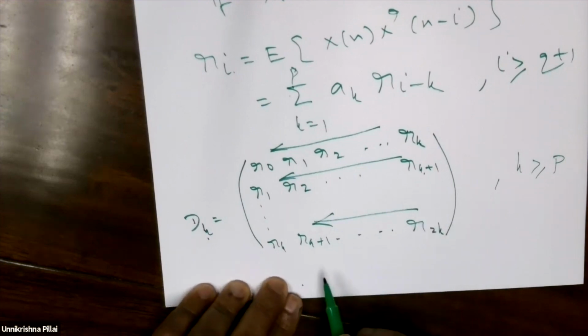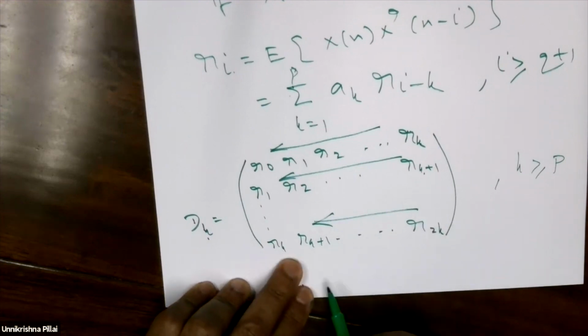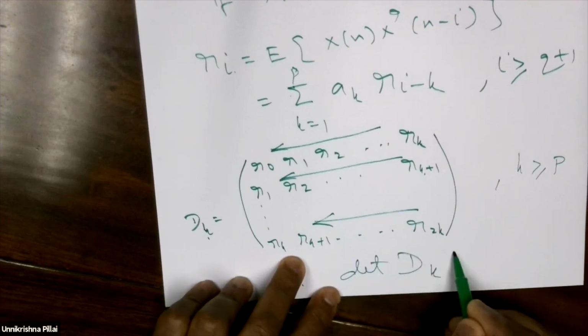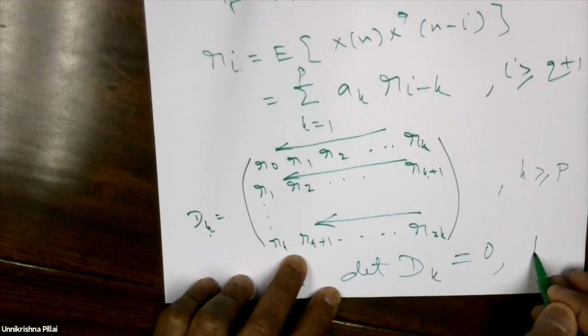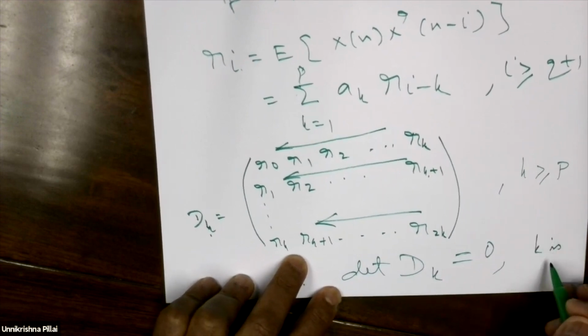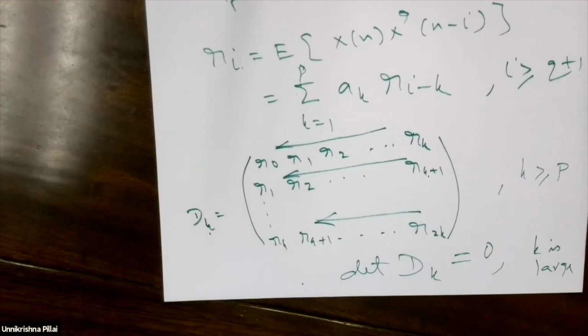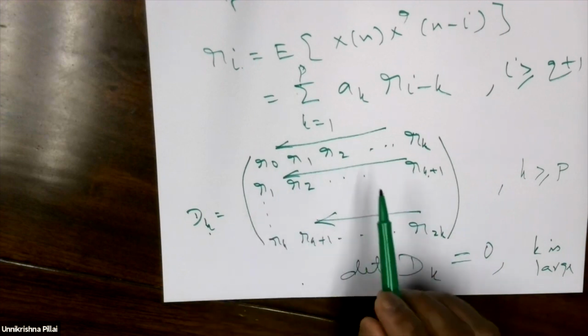And so the big property is that the determinant of D_k is 0 if k is beyond p, or k is large. So there are infinite conditions, and that's a property of ARMA systems. You can see, starting with something simple, how far I have come. So this is a famous property.